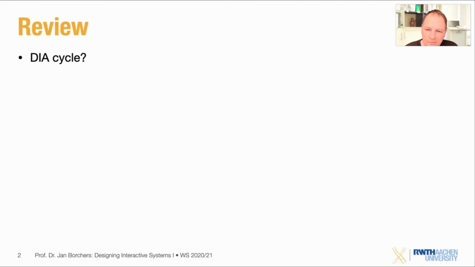Well, we go step by step. It's a cycle, so the last step is linked to the first one. We first need to design our prototype, so create a basic idea of what will be created. Then we go to the implementation phase where we produce our result.